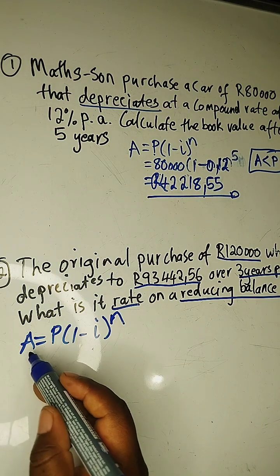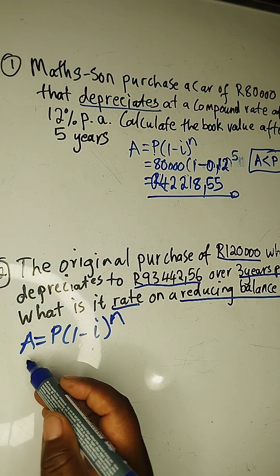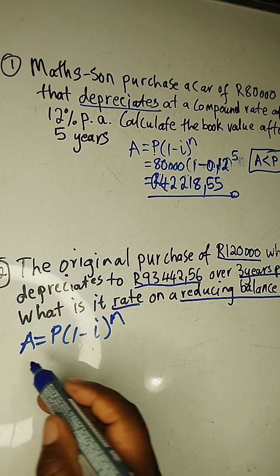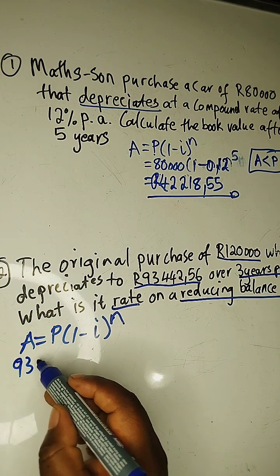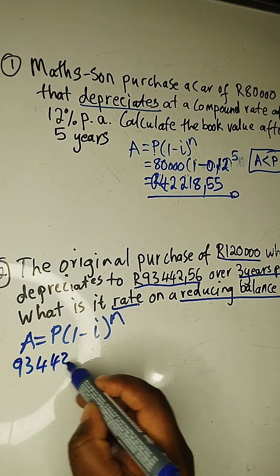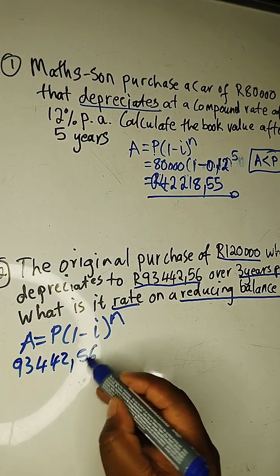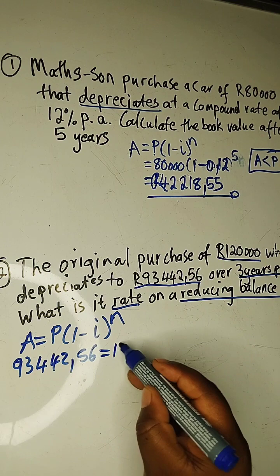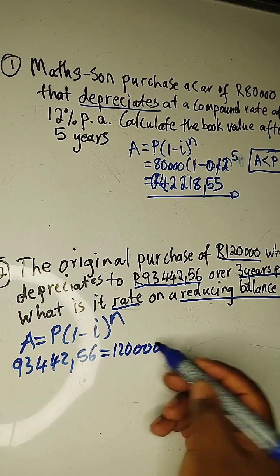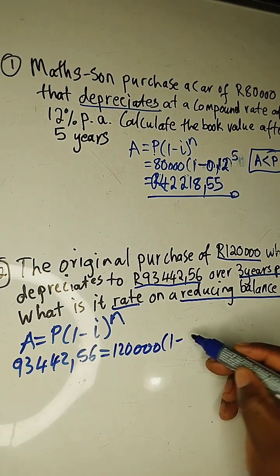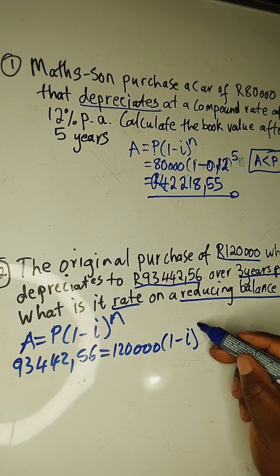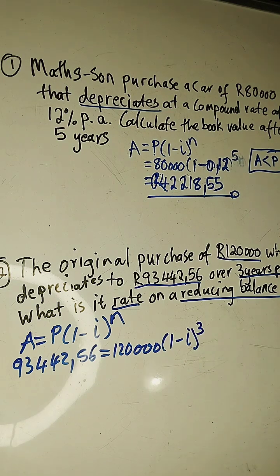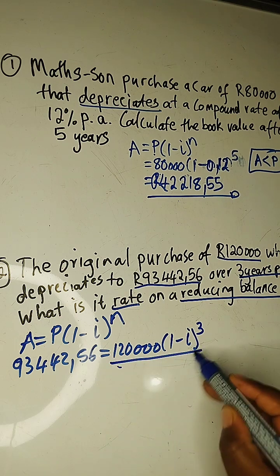We know our A should be less than our P. Hence here we have 93,442.56 is equal to 120,000 into 1 minus, we are looking for I, exponent 3.